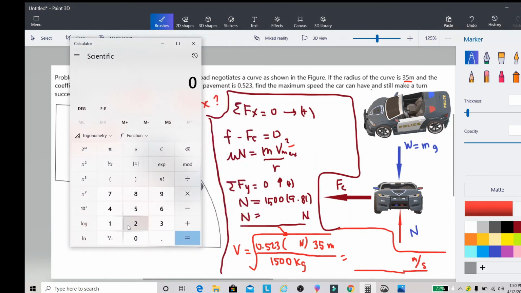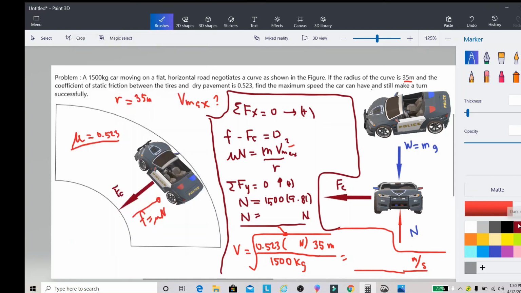So we have 1,500 times 9.81, and that will be 14,715 newtons.